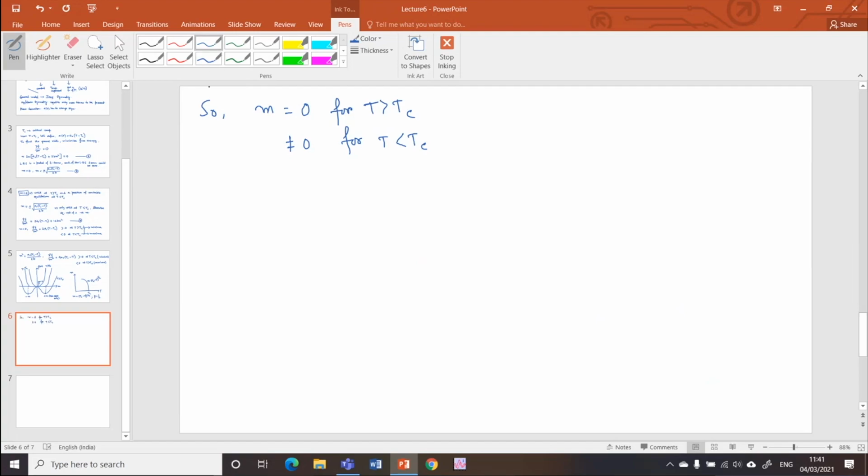As you see, this Landau's theory is also a mean field theory approach. Can you tell me why it is a mean field theory?